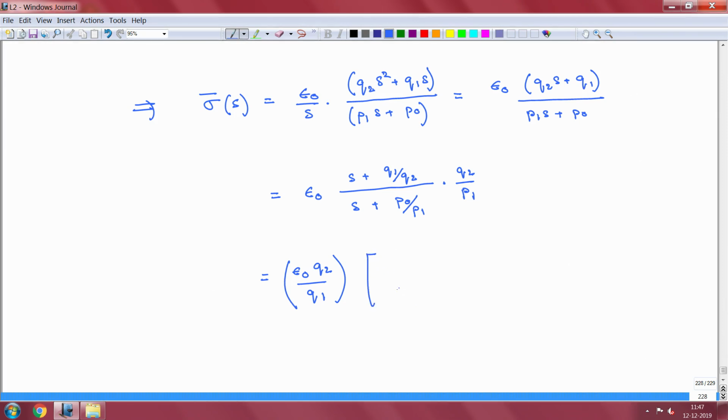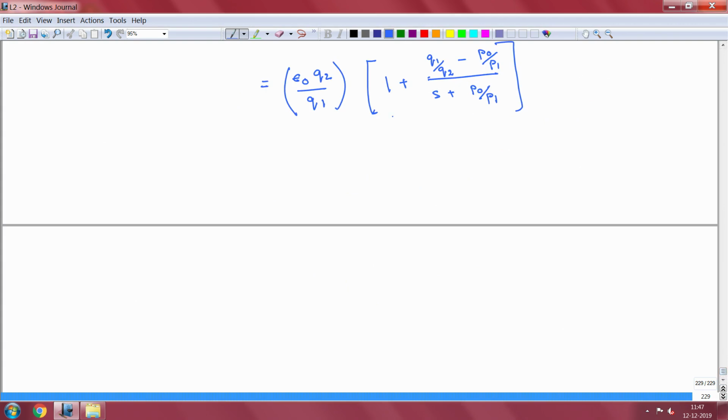So, my assertion is I can write this as 1 plus P naught by P 1, and here in the numerator I will have the remaining term.